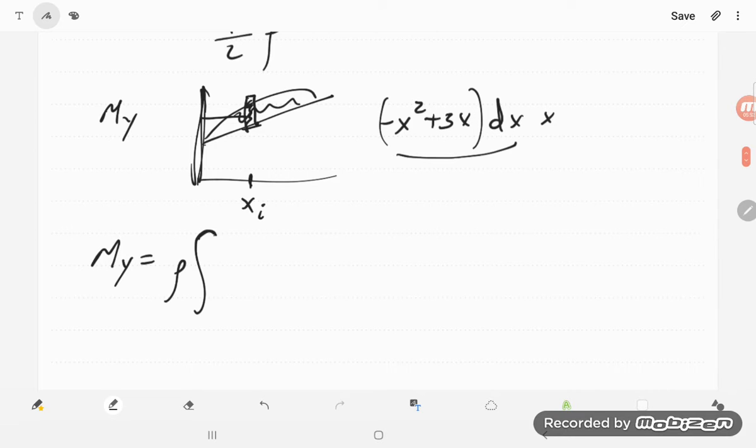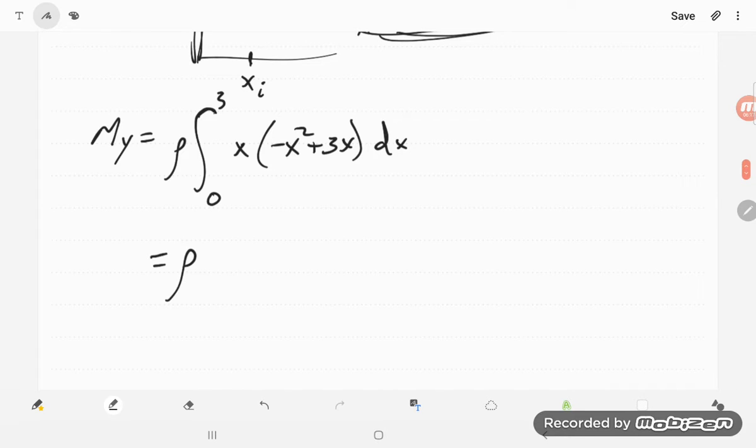Again, we have the density times our, so when I set up the mass, I should have had a rho times that. So there's our mass. And we have x times minus x squared plus 3x dx, again 0 to 3.